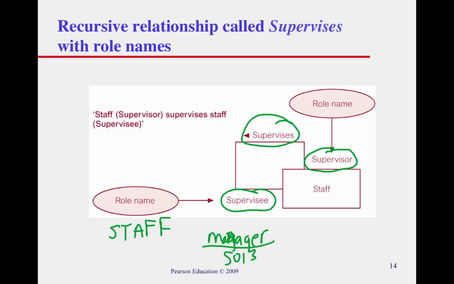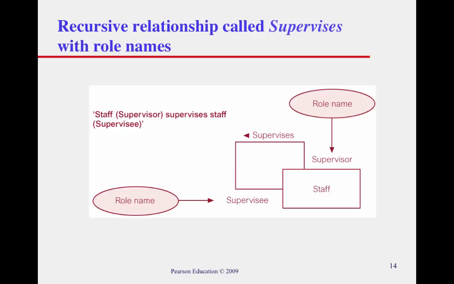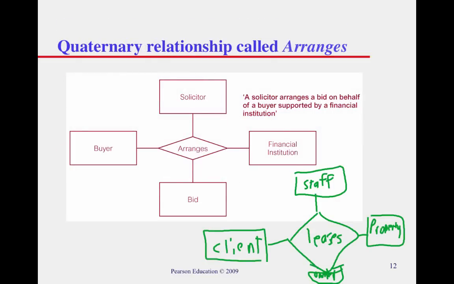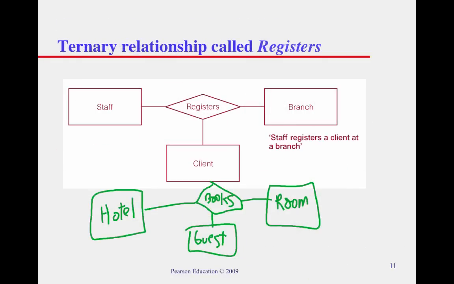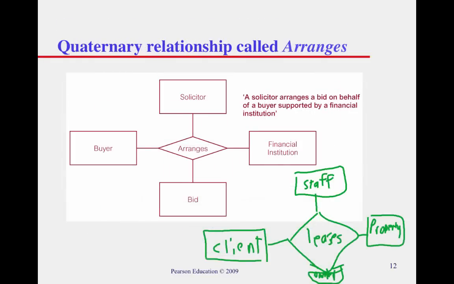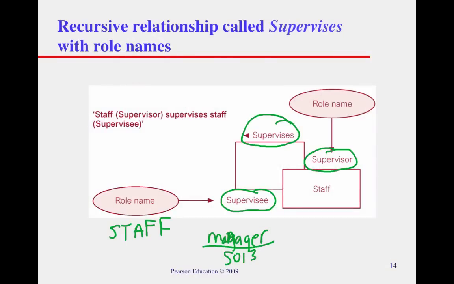So supervisor, supervises, supervisee, to make it clear what that recursive relationship is. You don't do it otherwise. So back here you didn't see me listing the roles. It's only for recursive relationships back to the same one that you list the roles.